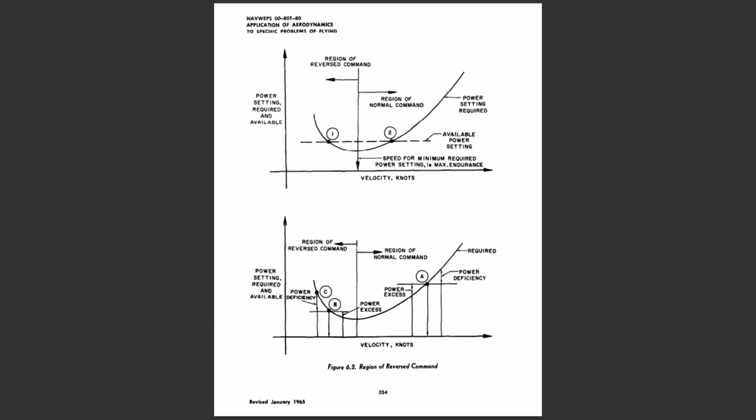The transient conditions during the changes in airspeed in the region of reversed command are of interest from the standpoint of landing flare characteristics. Suppose the airplane is in steady flight at point B, and the airplane angle of attack is increased to correspond with the value for the lower airspeed of point C, see figure 6.2. The airplane would not instantaneously develop the lower speed and rate of descent common to point C, but would approach the conditions of point C through some transient process depending on the airplane characteristics.